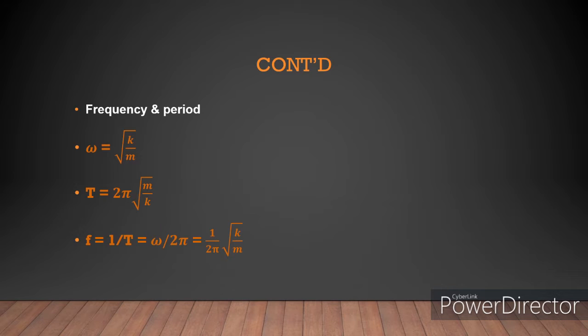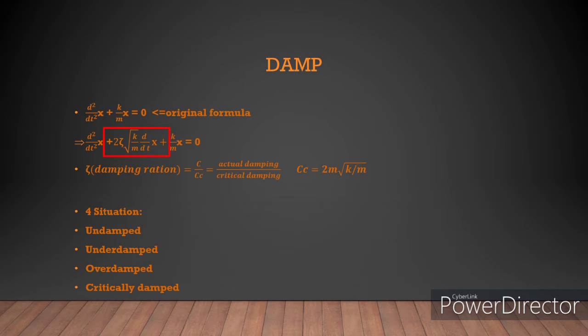However, the formula is not complete. It should be like this formula. We add a parameter which is called the damping ratio, using the symbol zeta. Zeta is this. Why do we add the damping ratio? Or what is the function of the damping ratio?